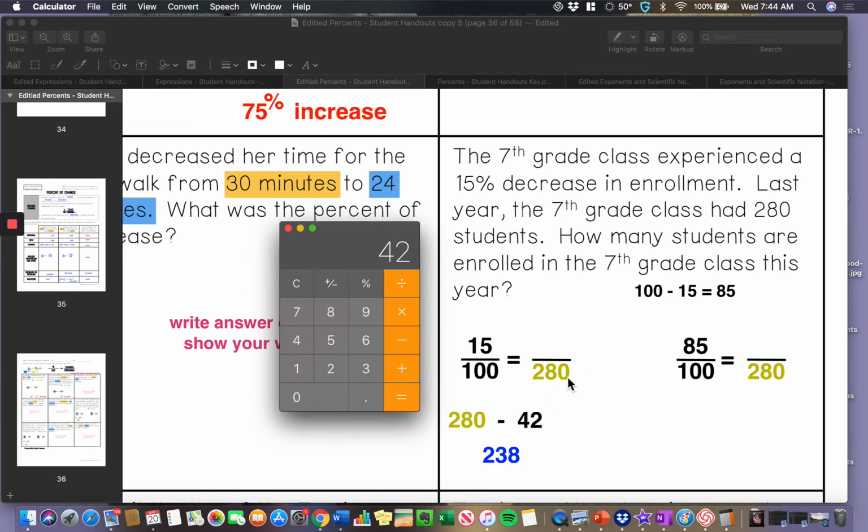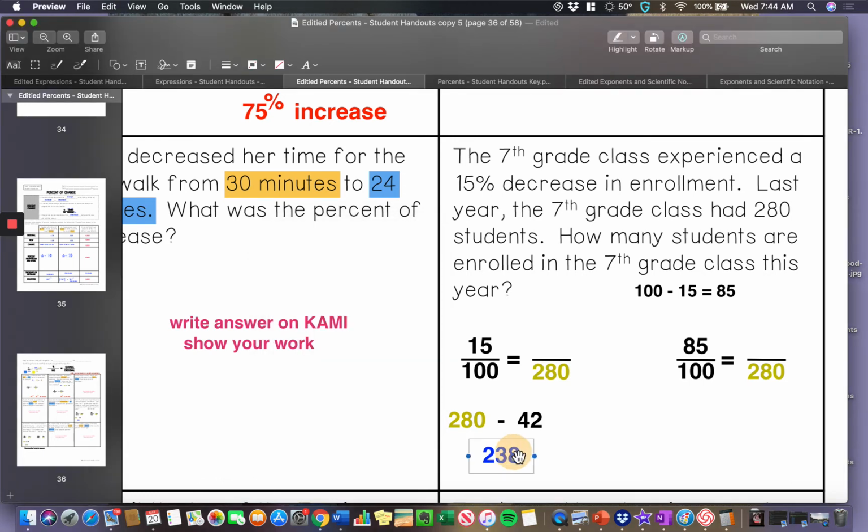But the answer isn't 42, right? 42 students are the ones that did not return. So I had 280 students, 42 students did not return, so that means after the 15% decrease, the enrollment was 238.